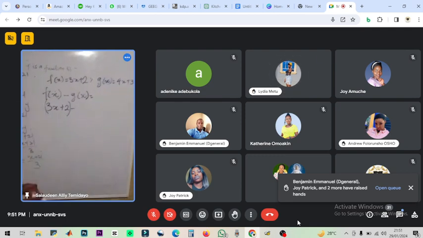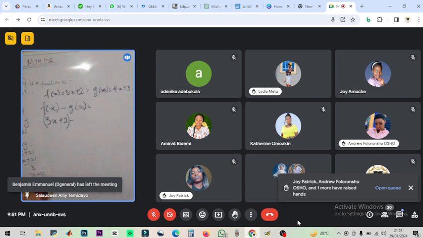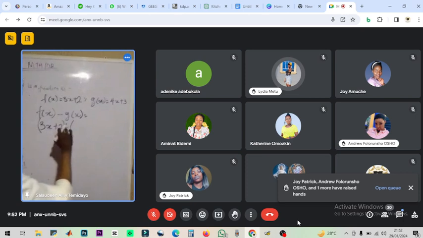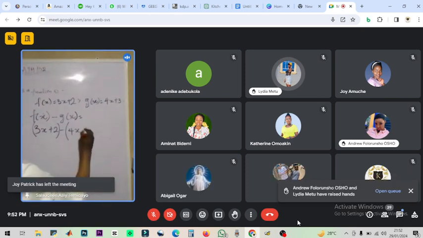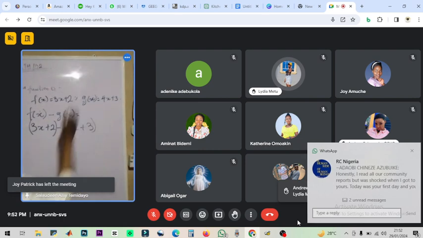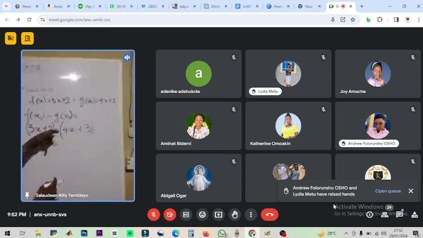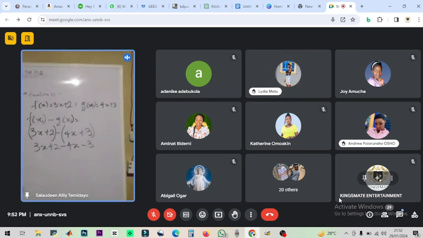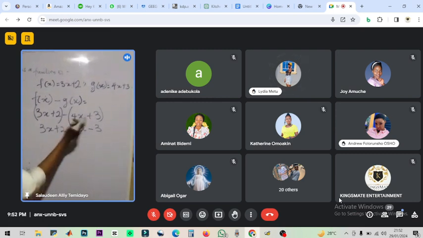Make sure you do it. I was supposed to do the addition to the bracket. So g of x is 4x plus 3. It's 3x plus 2. Don't forget that this is where your mistake lies.